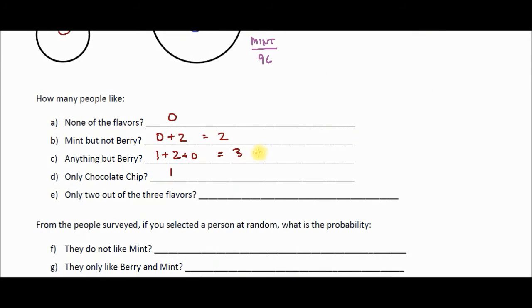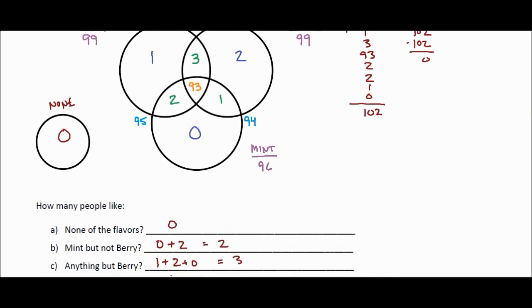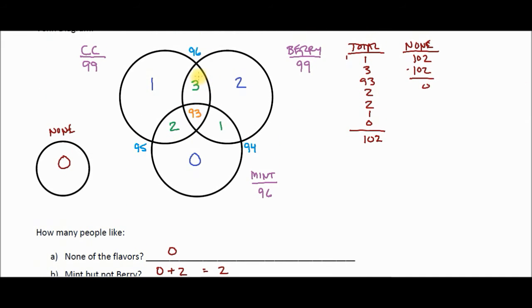And then how many people like 2 out of the 3 flavors? That's a confusing one, but take a look. 2 out of the 3 flavors. These spaces right here, class, if I can highlight these for you, they represent people who like 2 out of 3. These people like chocolate chip and berry. These people like mint and berry. These people like chocolate chip and mint.